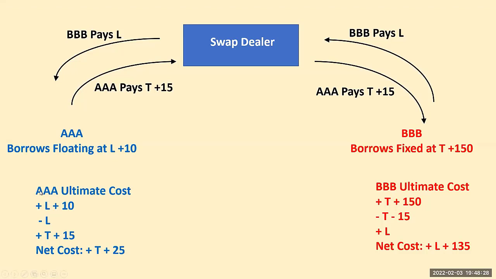If AAA's cost comes out as 2L minus T plus 25 or something, you got the comparative advantage incorrectly set up. You can check that. You know what the answer is going to be before you even start. The differences were 150 and 100. That's a 50 difference, so each is going to be 25 cheaper when this thing finishes.